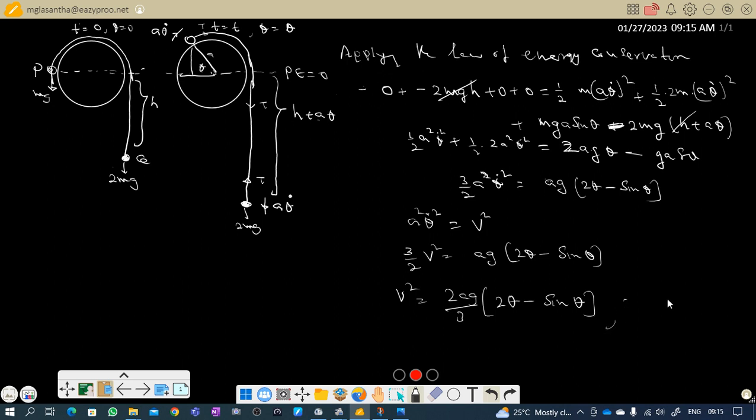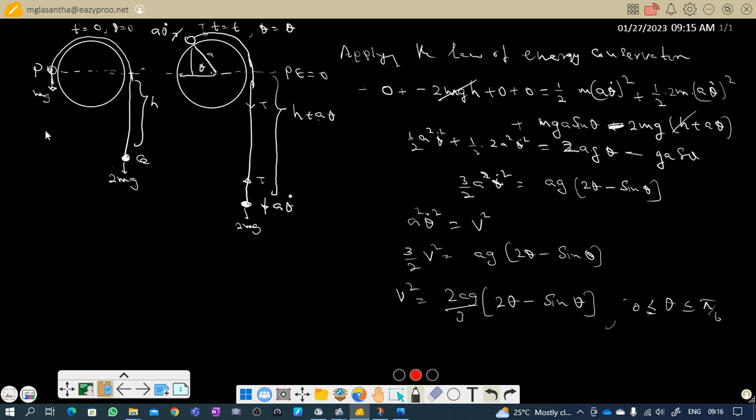So theta, they have restricted to greater than or equal to 0 and less than or equal to pi by 6. Thereafter they say that when theta equals pi by 6, the string is cut and particle P moves. Particle P does not reach the highest point of the cylinder, right?